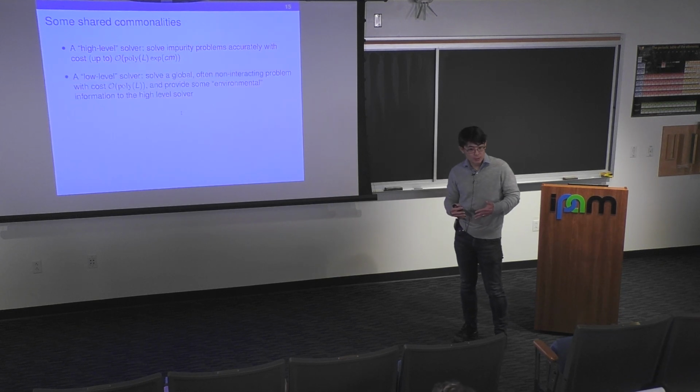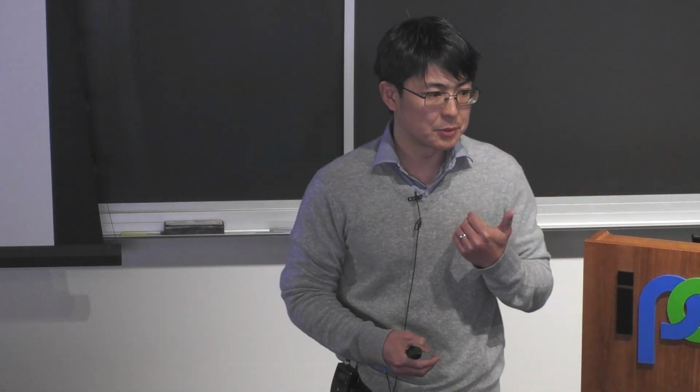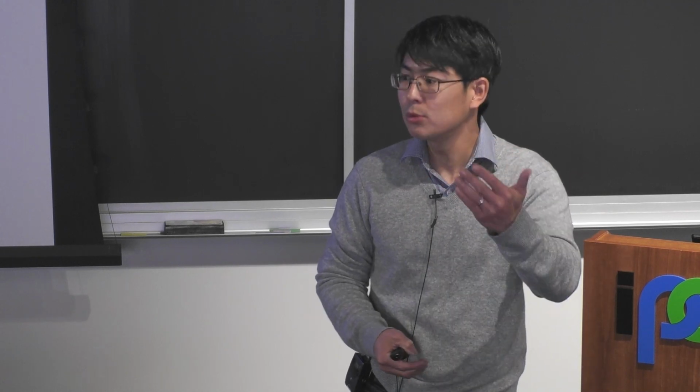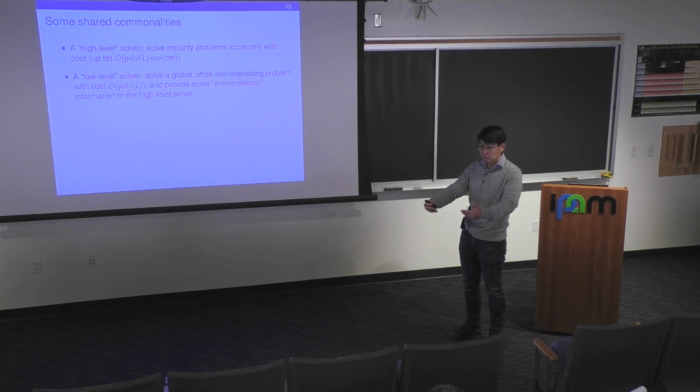There's a low-level solver. Low-level just means something that's far away from full CI, usually closer to Hartree-Fock, perturbation theory, GF2, whatever things you heard before. And this low-level solver is going to be applied to the global system with L size. Usually this is a non-interacting problem, but it's not necessary.